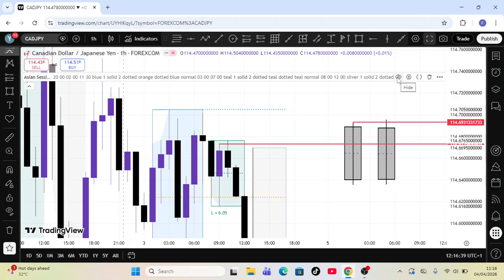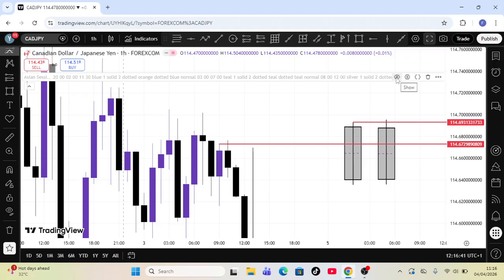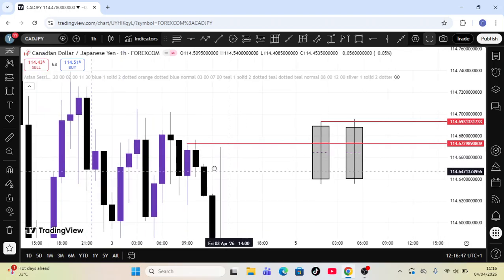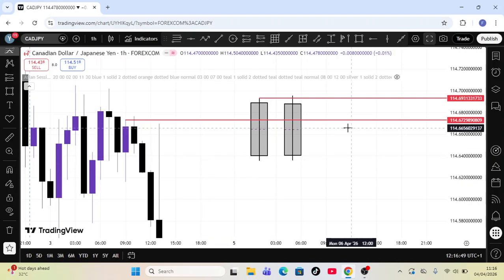After we get our sweep, what we need is to go to a lower time frame.